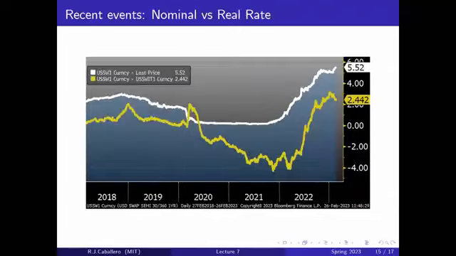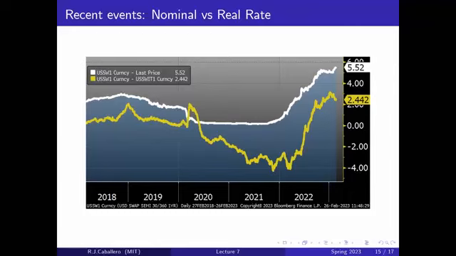Okay. Let me tell you a little bit about what is happening now. So this is now, remember the other one was for the period from 2008 to 2013 I showed you. Now I'm shifting everything by 10 years. Okay? So still you see on average the white line, which is the nominal interest rate, is above the orange line, the yellow line, which is the real interest rate.